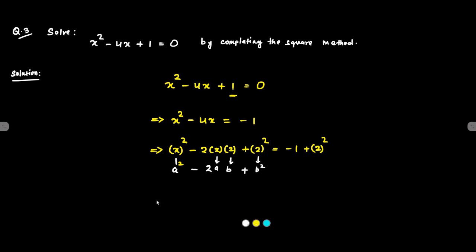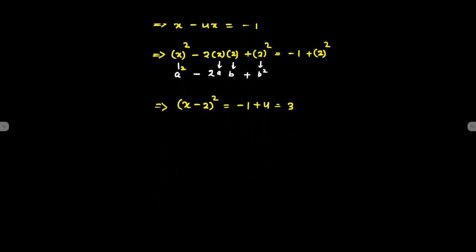So that implies we can write it as x minus 2 whole square, which is equal to minus 1 plus 4, which is equal to 3. That implies x minus 2 is equal to plus minus root 3.